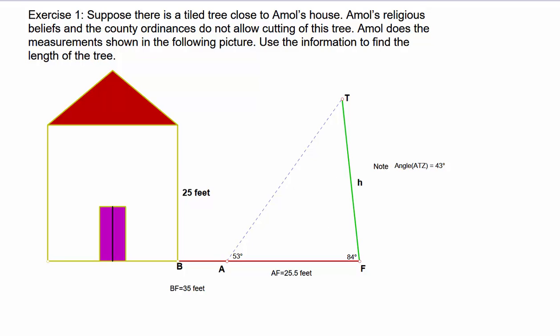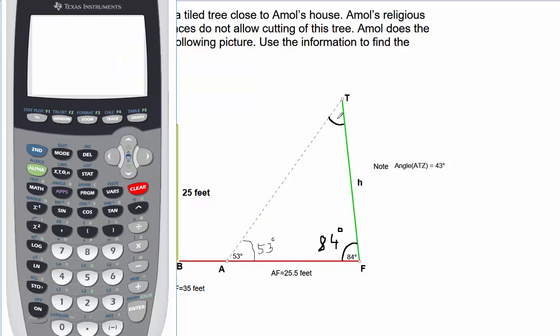Okay, so let's see, here we have this angle, how much? 53 degrees, right? And this angle here is 84 degrees, right? So this angle will be 180 degrees minus the sum of these two.